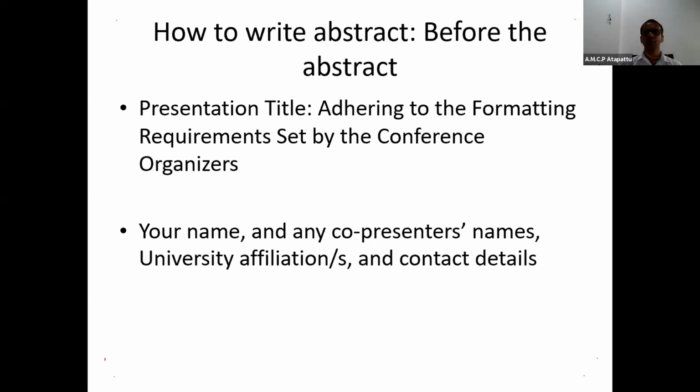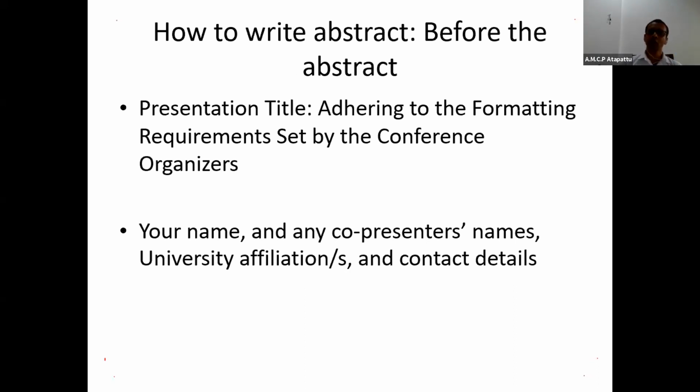But according to the organizers of the research, that is conferences or journals, it may be 16, and some organizers say 18, but it depends. Normally, write the title with 14 font size.